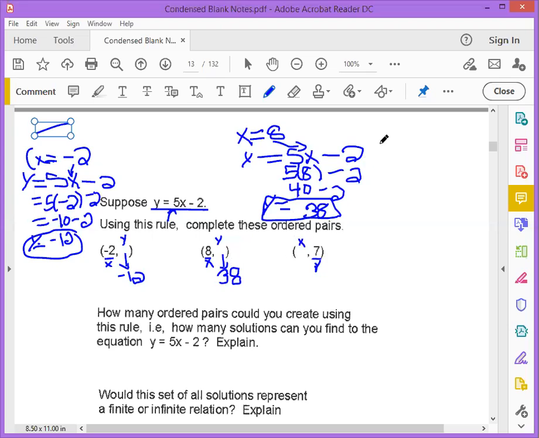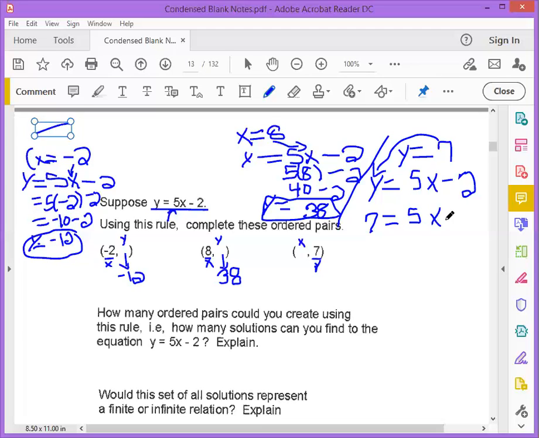Next, we're going to substitute y equals 7 into our rule or given equation, which is y equals 5x minus 2. And now we're substituting 7 where y is. So we'll get 7 equals 5x minus 2. We want to solve this equation for x.